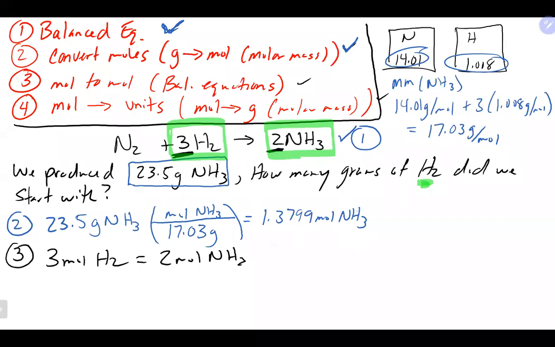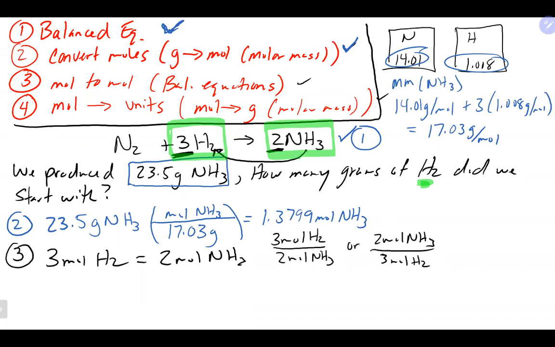That's going to give us 2 conversion factors: 3 moles of H2 over 2 moles of NH3, or 2 moles of NH3 over 3 moles of H2. So our next step is we need to go from NH3 to H2, so we want to get rid of NH3.